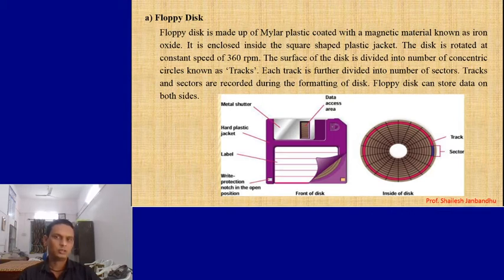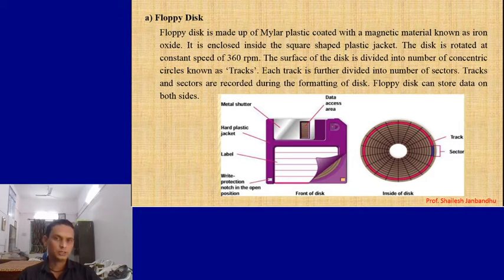It is enclosed in a square-shaped hard plastic jacket, called the plastic jacket. The disk rotates at a constant speed of 360 rpm. The rotation speed determines the data access speed for the user.